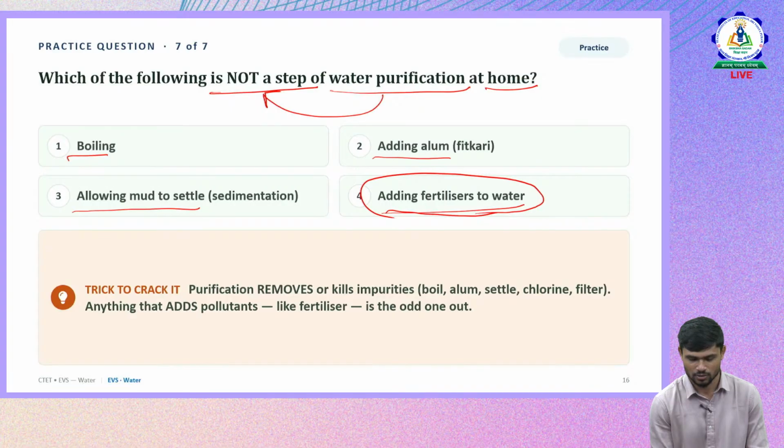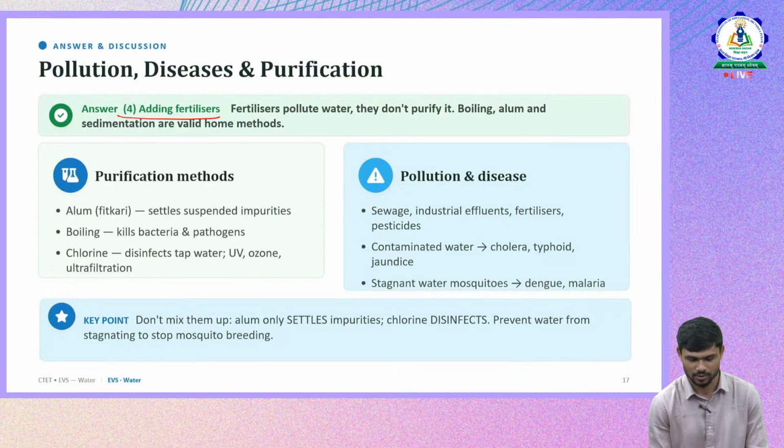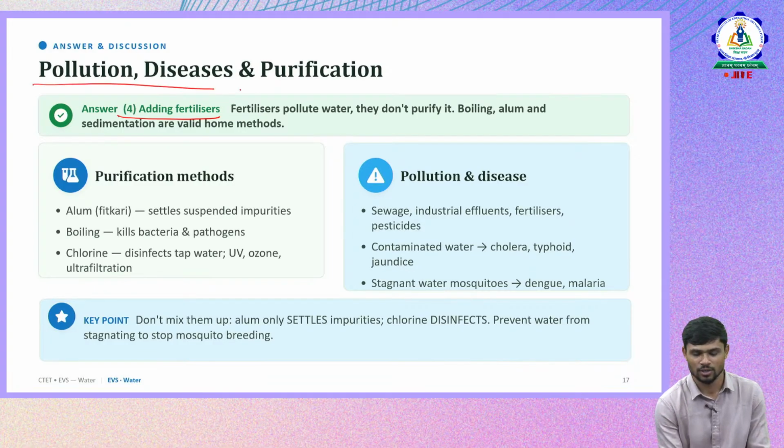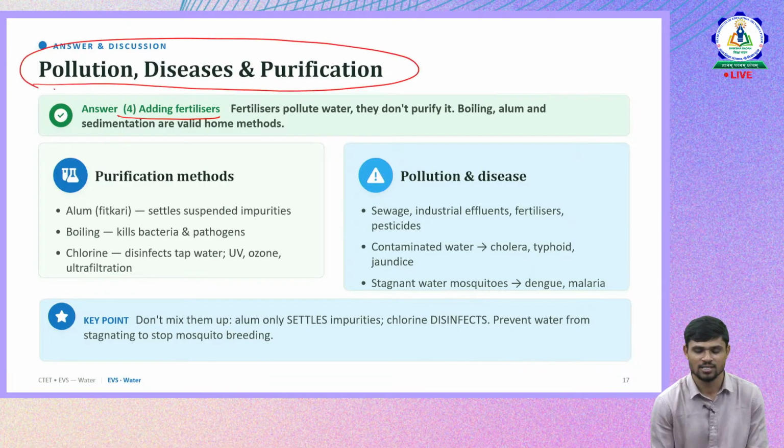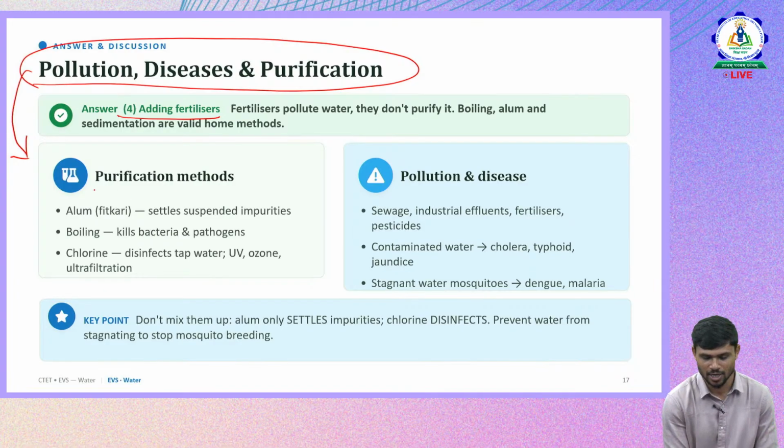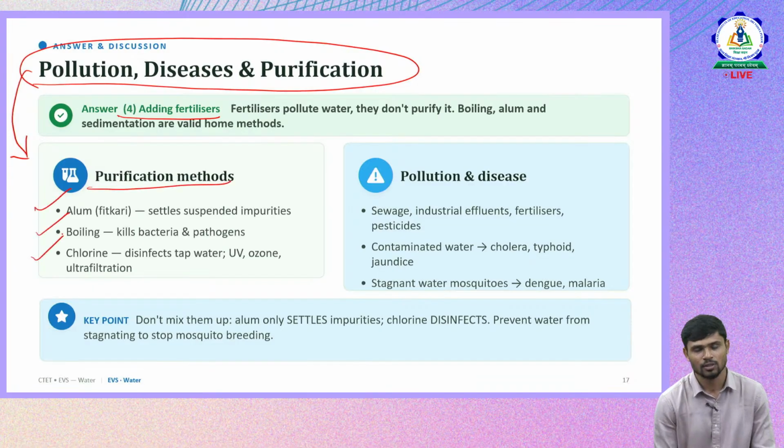So this is related to the concept of pollution, diseases, purification and all. Let us discuss content related to this question, so that we can solve other questions. Regarding purification methods, it is alum, boiling, chlorine.